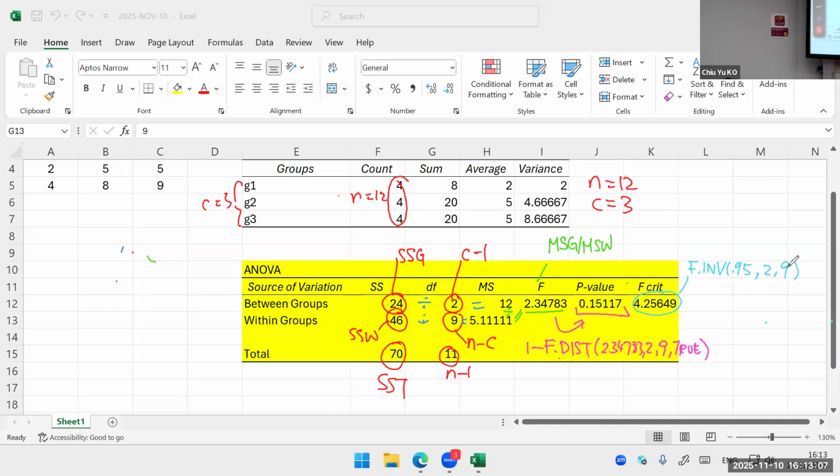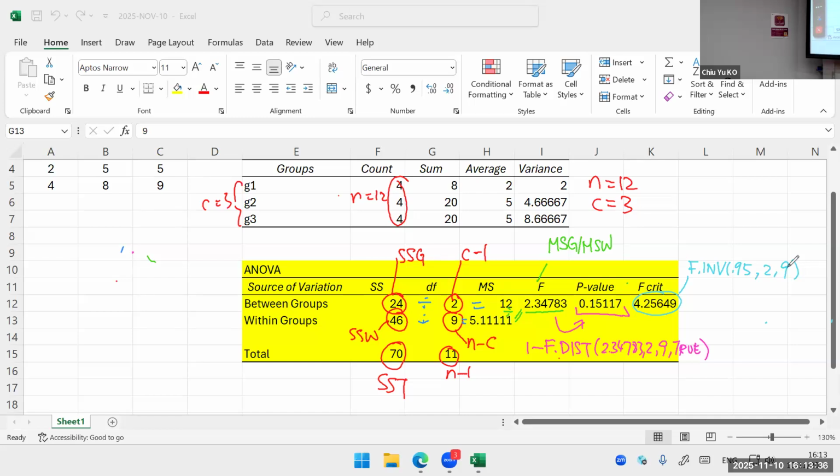MSG compared to the boys' average, the women's average, the dinosaur average. And if they're all the same, then this variance cannot be too large. That means MSW and MSG should be very similar under the null. If not, you will expect MSG to be much larger, because across groups should be very different. So that's why you compare the two variances.